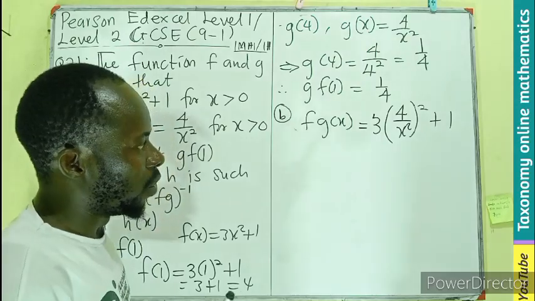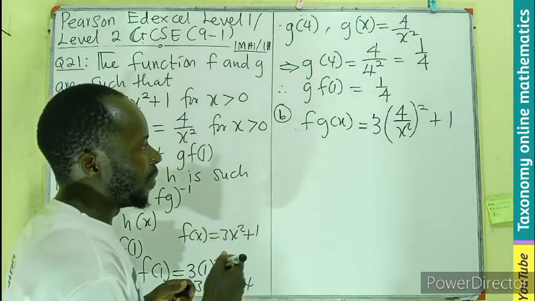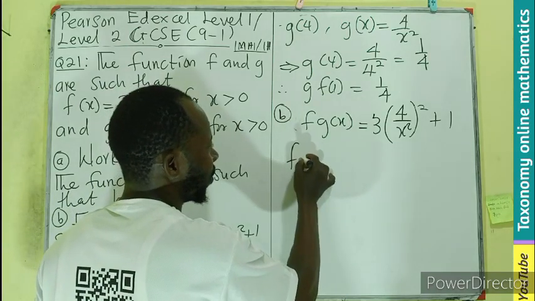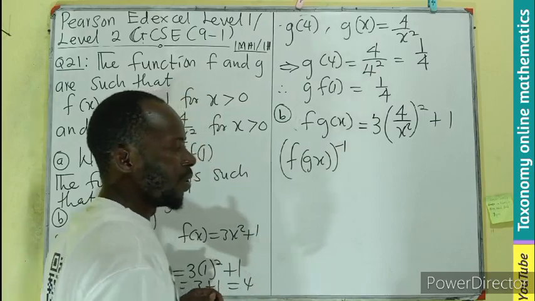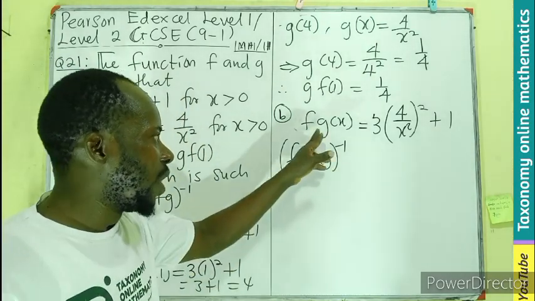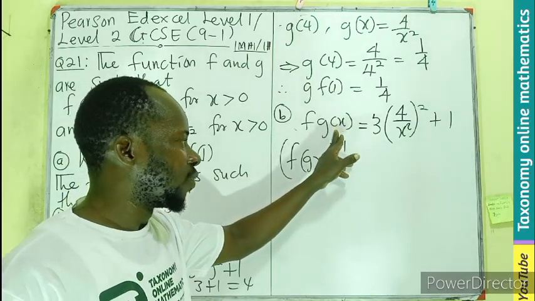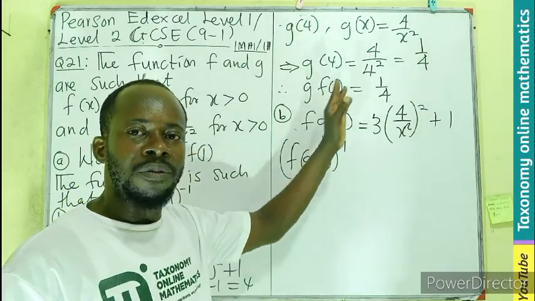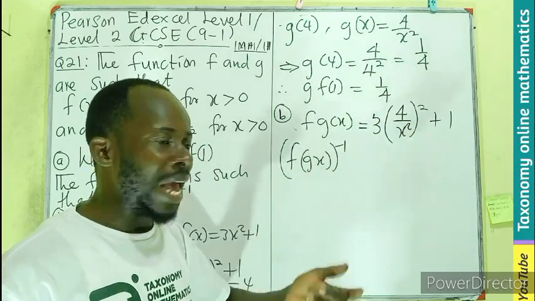With the look of things, that represents the first part. But we are looking for the inverse of f of g of x, so to find the inverse, we are going to let this be equal to y. Then if this is y, we interchange their position with the x and make y the subject.